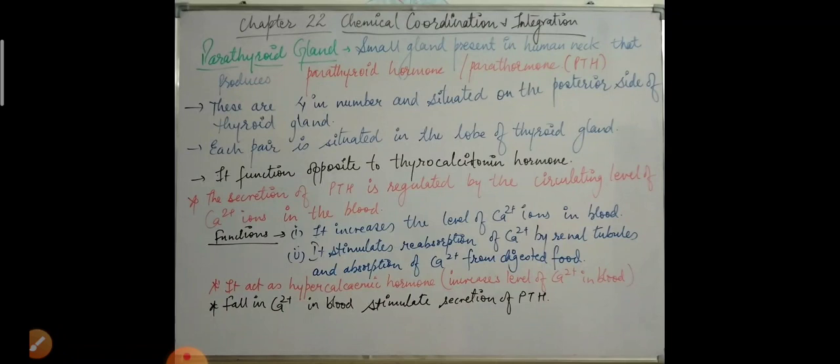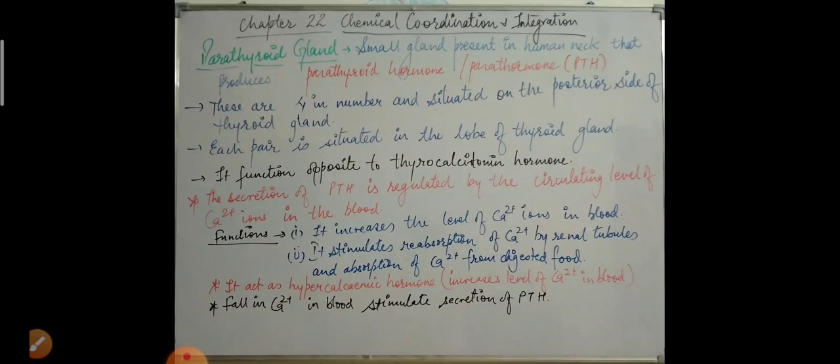Hypercalcemic hormone means that it increases the level of calcium ions in the blood. Where the concentration increases, we call it hypercalcemic, and where the concentration decreases, we call it hypocalcemic. So this parathyroid gland secretes parathormone, which acts as a hypercalcemic hormone.